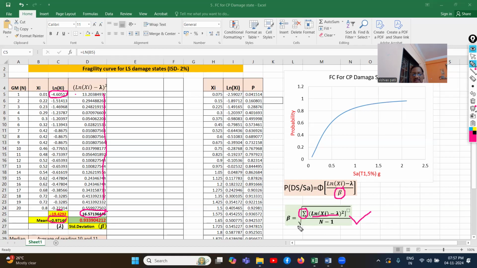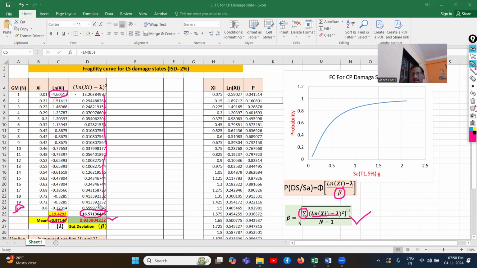This is the summation, 16 point something, then divided by n minus 1, and then find the square root of this. n is the number of readings, 20, so 20 minus 1 is 19.